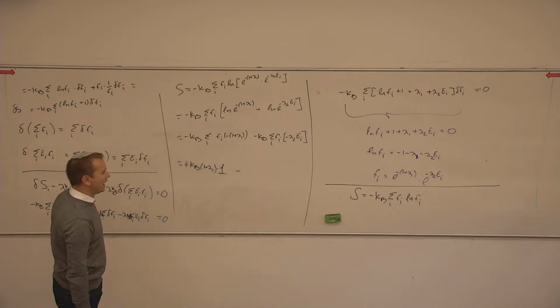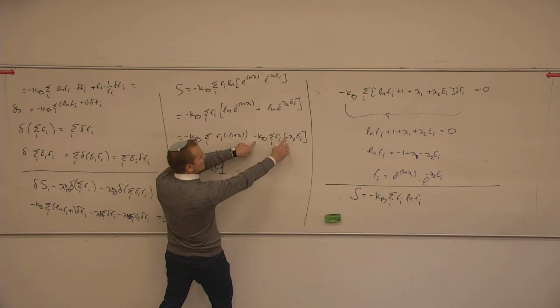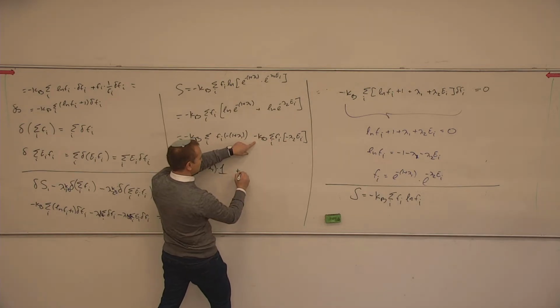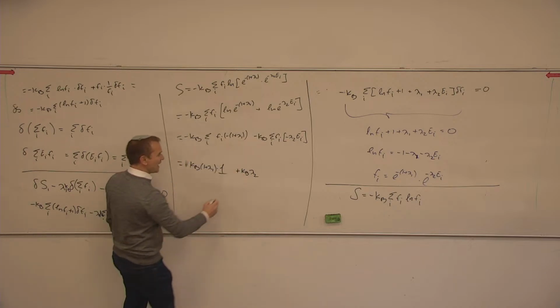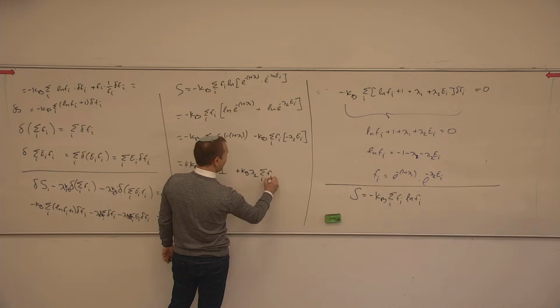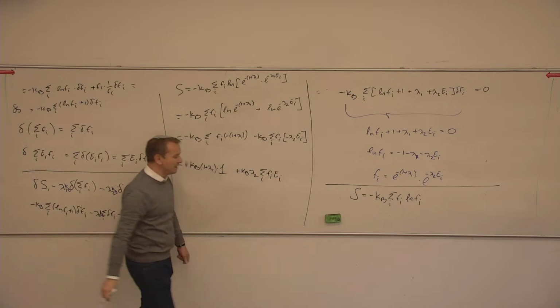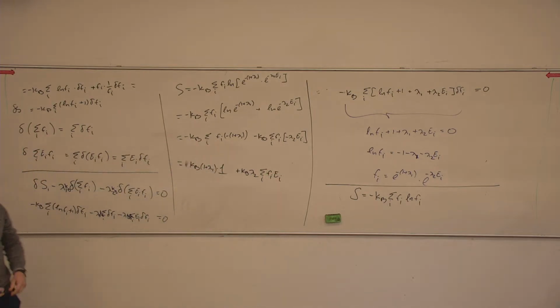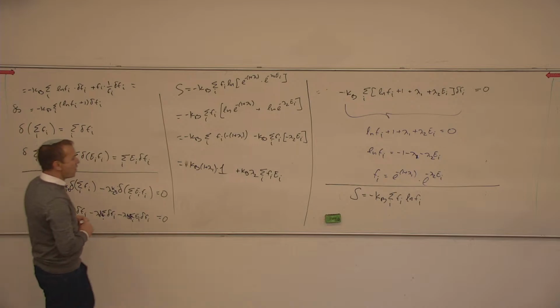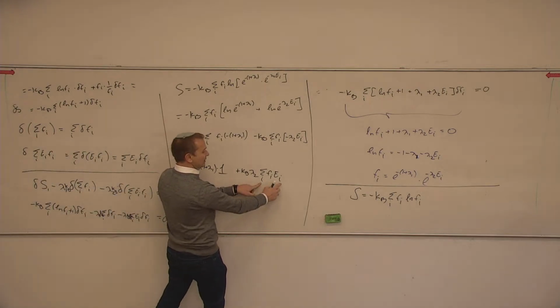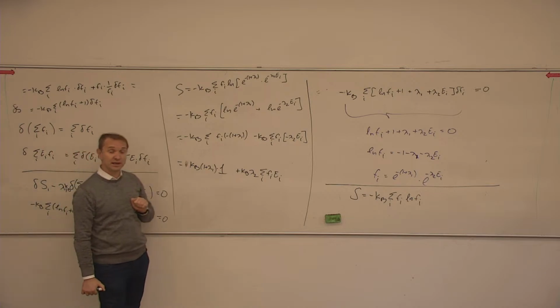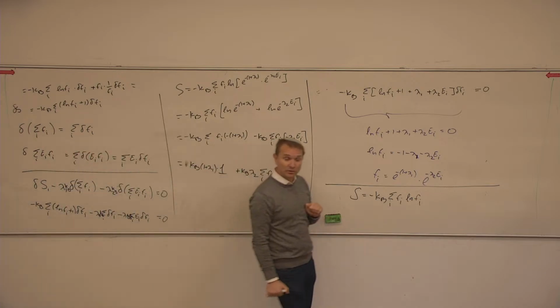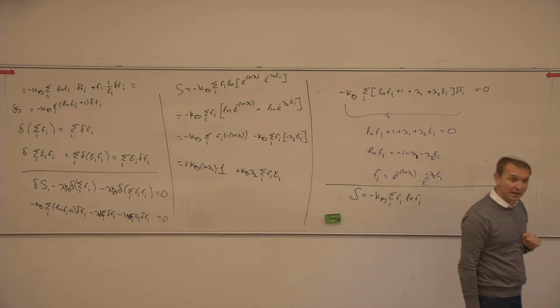Next, minus k Boltzmann times minus lambda 2 gets out, so we have plus k Boltzmann lambda 2, and here we have the sum over i of f_i E_i. I cannot take E_i out of the sum. What is this sum over i of f_i E_i? It's U, the average of the energy, the expectation.